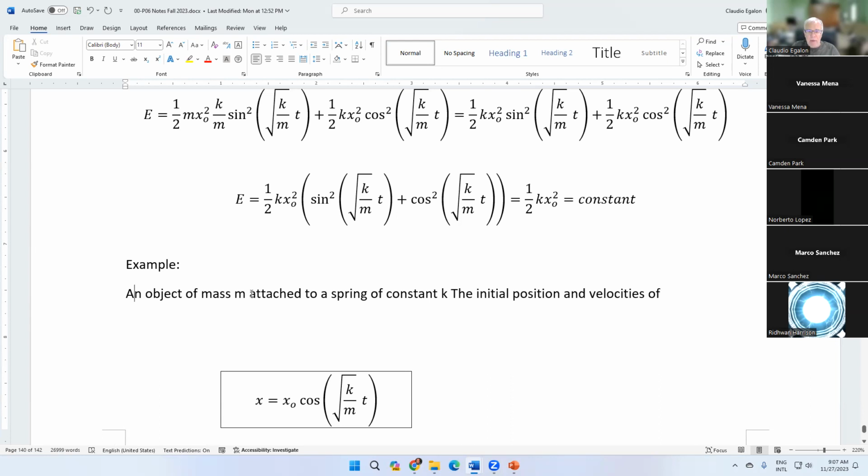An object of mass m is attached to a spring of constant k.